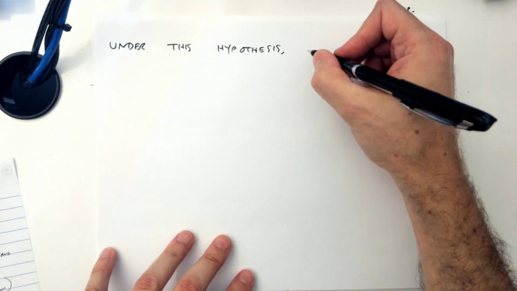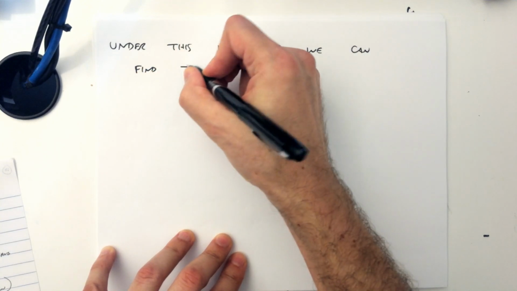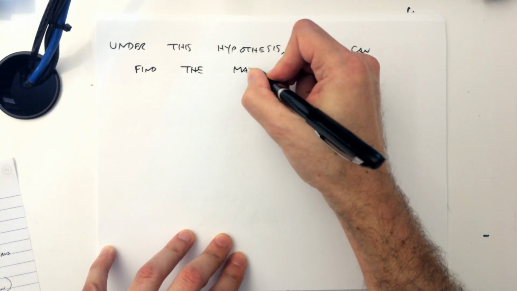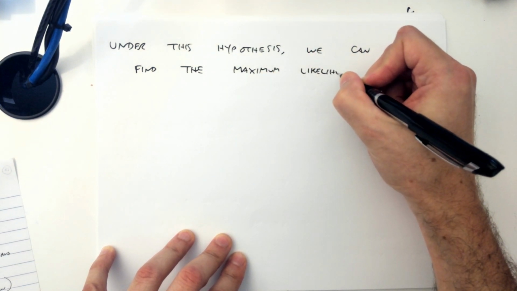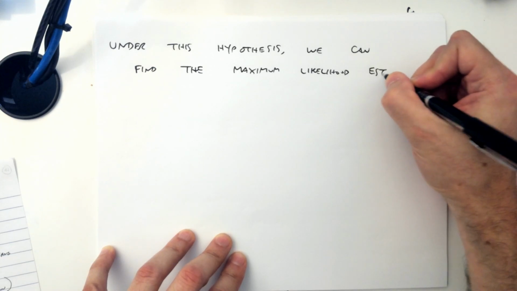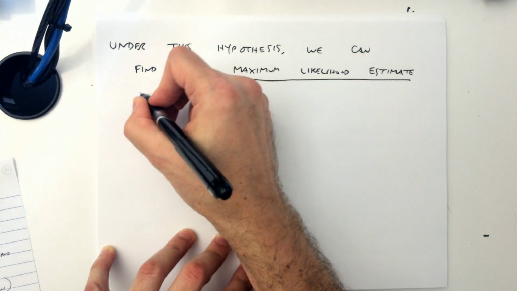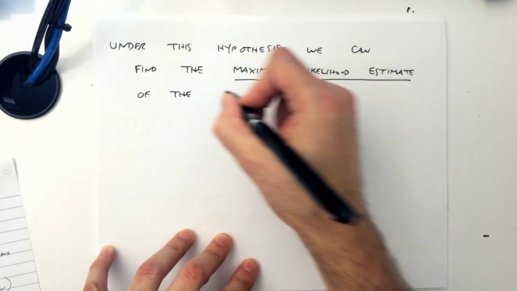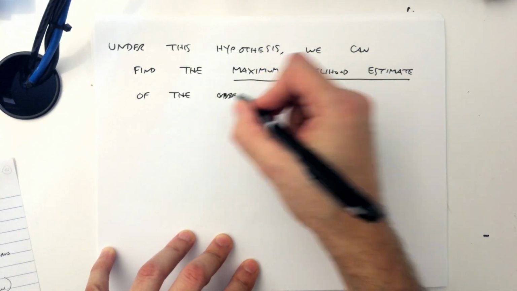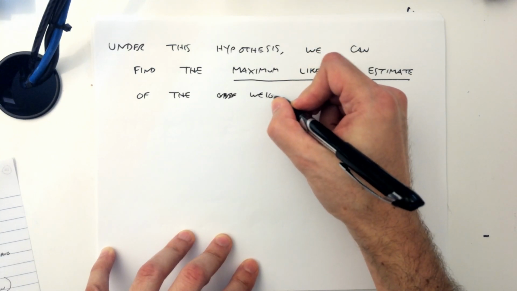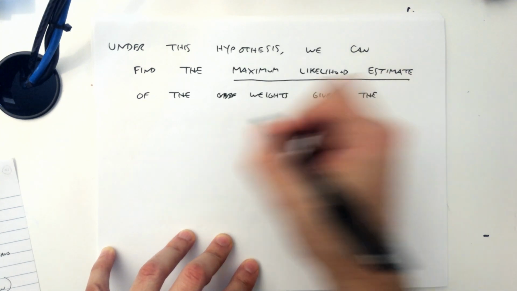what we can do is find the maximum likelihood estimate of the weights given the observations.